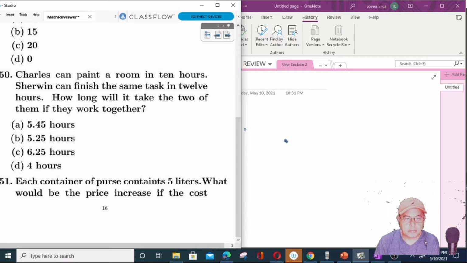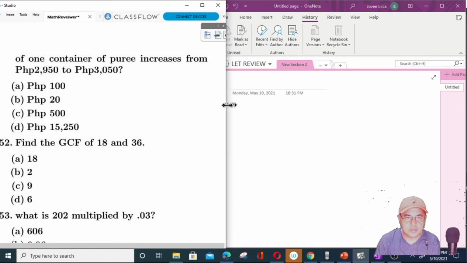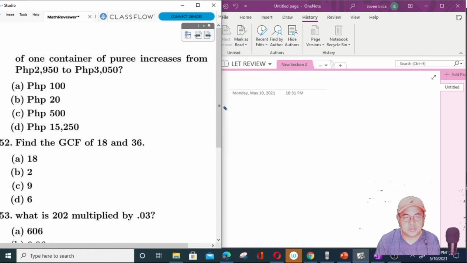What would be the price increase if the cost of one container of puree increases from 2,950 pesos to 3,050 pesos? So if you notice, this is just a tricky question. This is a simple question that does not involve any formula. So we just have to analyze.